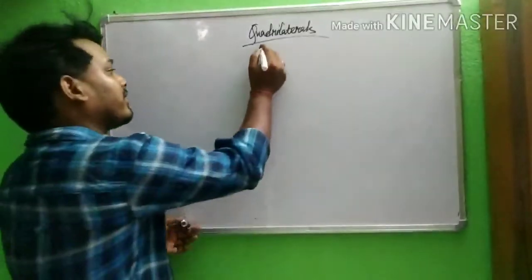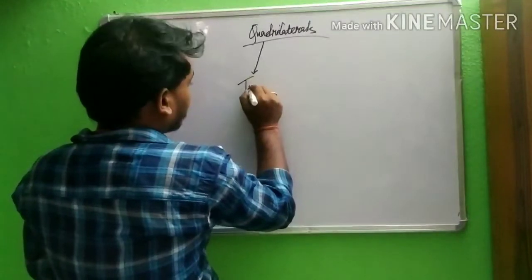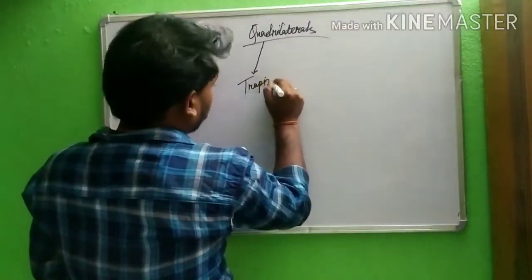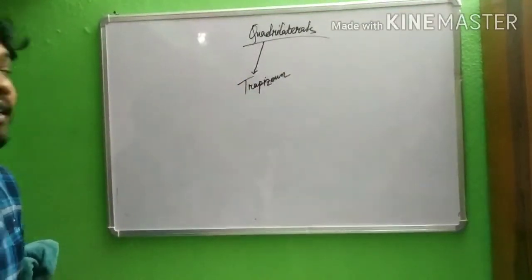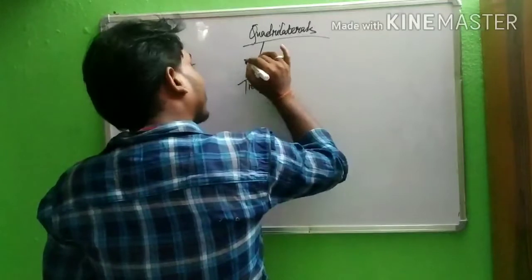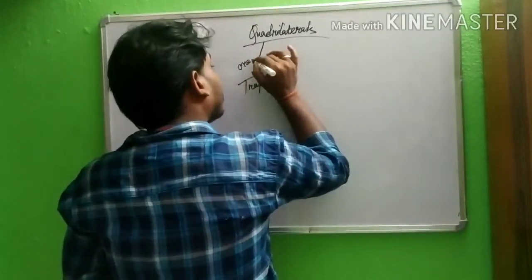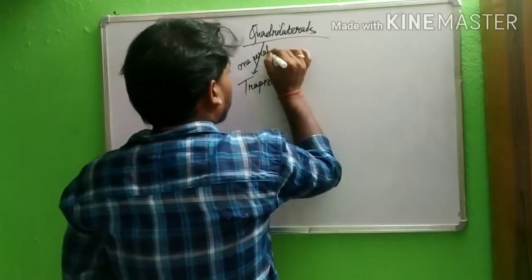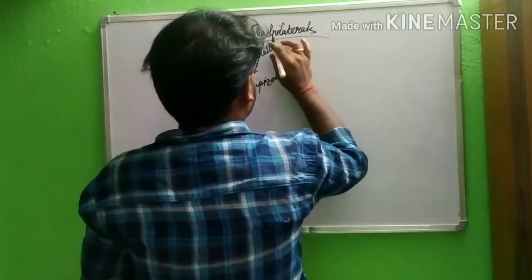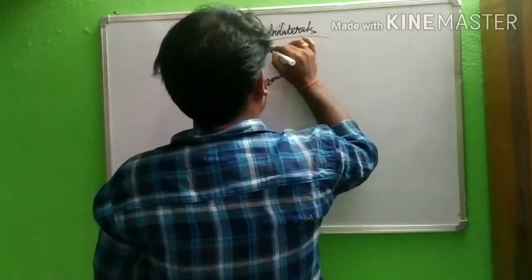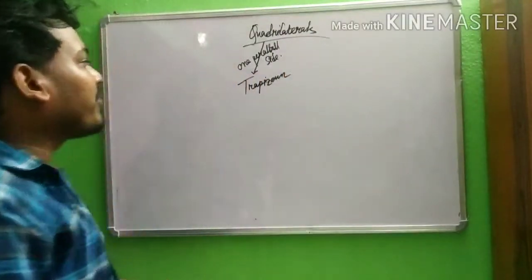So the first definition for quadrilaterals is the trapezium. It is also very easy. A quadrilateral becomes a trapezium when one pair of parallel sides is there.